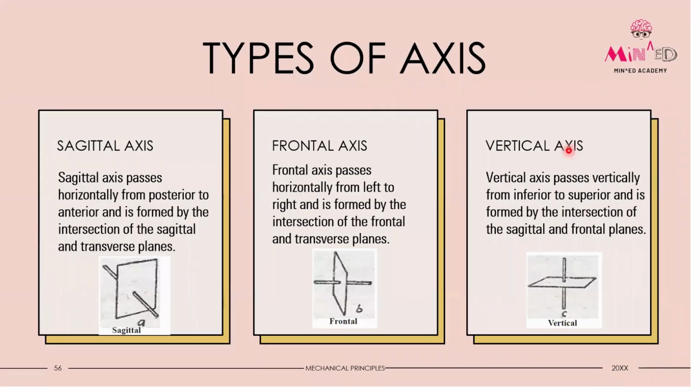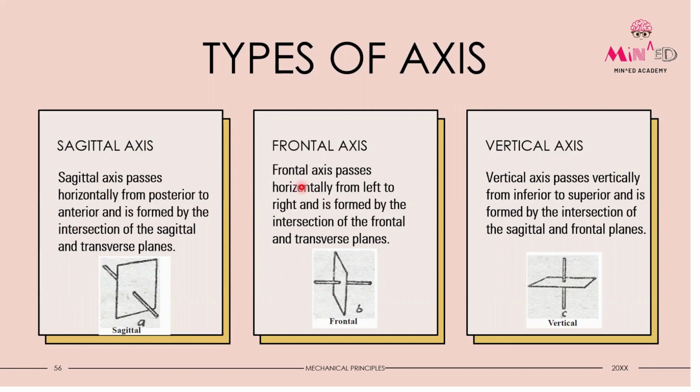So there are three types of axis: sagittal axis, frontal axis, and vertical axis. The sagittal axis passes horizontally from posterior to anterior and is formed by the intersection of the sagittal and transverse planes. Just remember one line: sagittal axis passes from posterior to anterior.